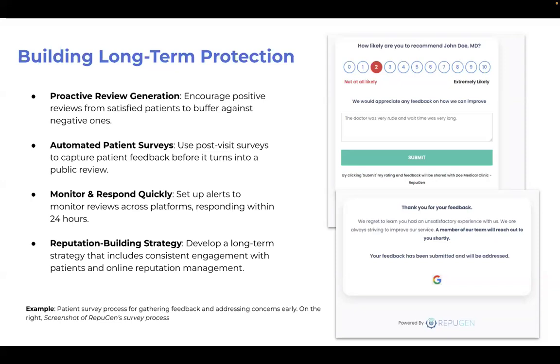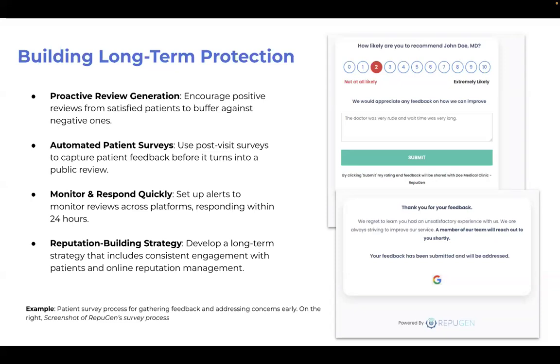Thirdly is monitor and respond quickly. So again, you'll want to set up alerts to monitor reviews across all of your online platforms, just so that you can ensure that you are responding within that 24 to 48-hour window. A fast response again just shows that you care about patient feedback and helps prevent negative reviews from escalating.